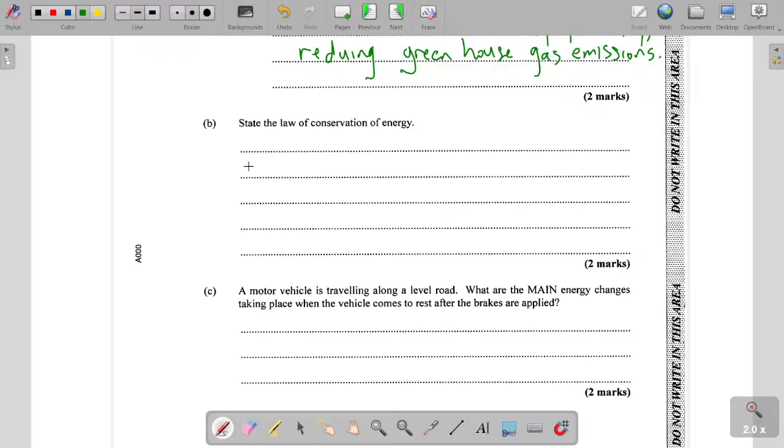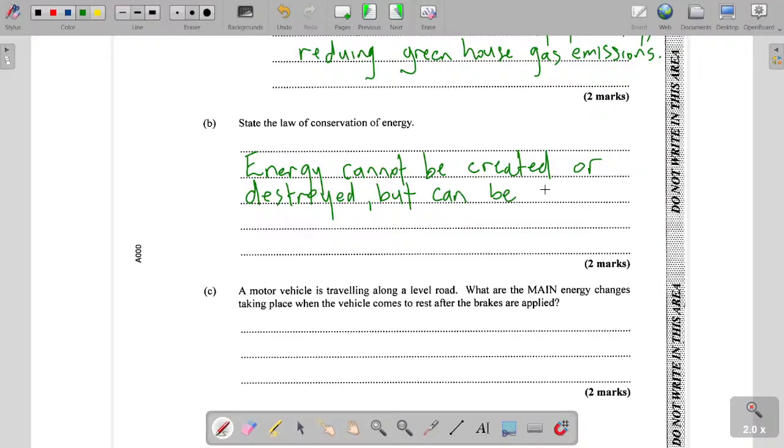So we know that it states that energy cannot be created or destroyed but can be transformed from one form to another.